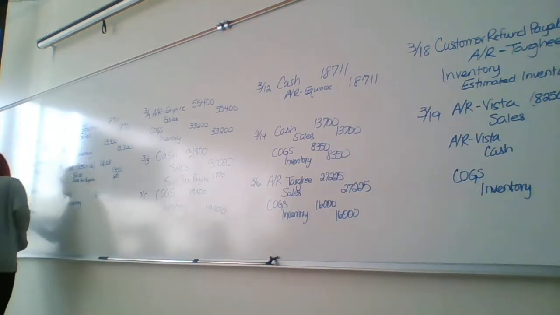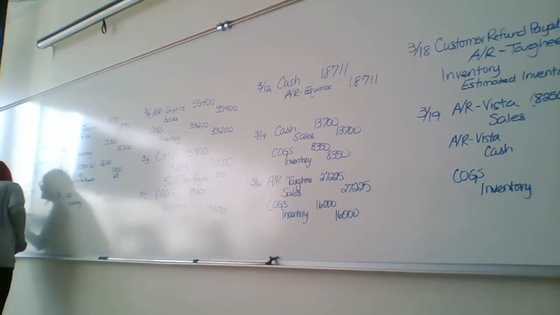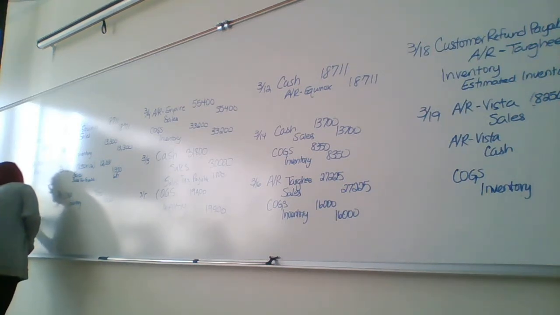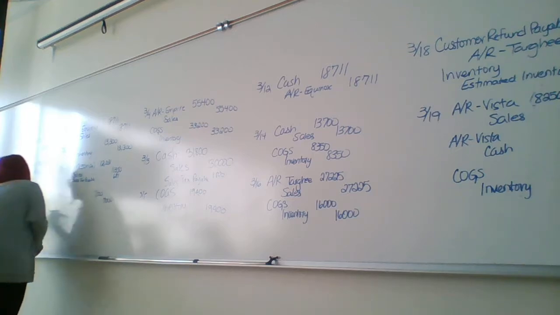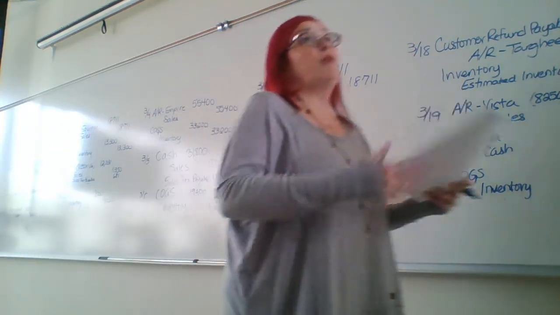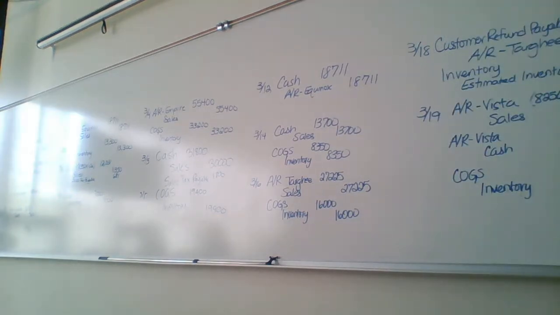So we're going to have an account called delivery expense, which is $5,600, and we paid cash for that. And those are for items that we were selling rather than items that we're purchasing, which then that freight we pass along to our customers.